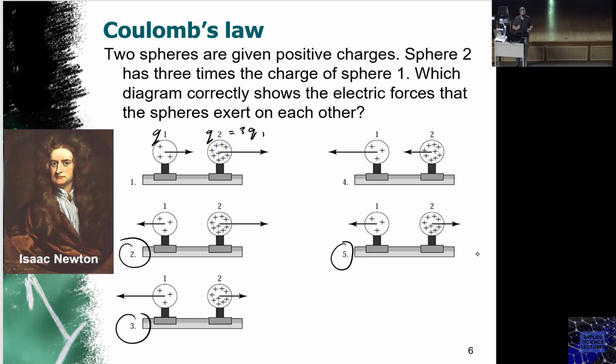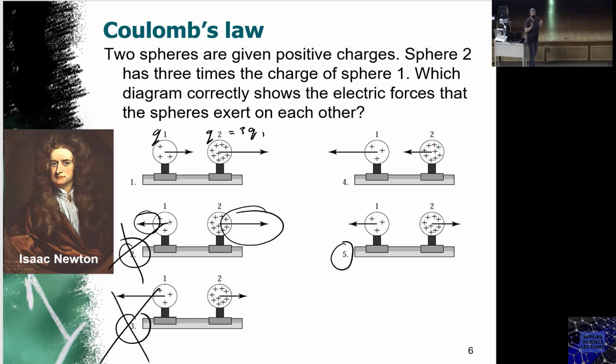So if we look at the force here and the force here, are they of equal magnitude? No. So 2 is wrong. What about 3? Do they have equal magnitudes? No. So 3 is also wrong. What about 5? Yes. So the correct answer is 5.